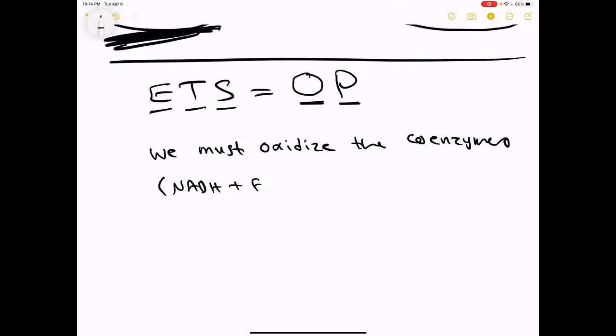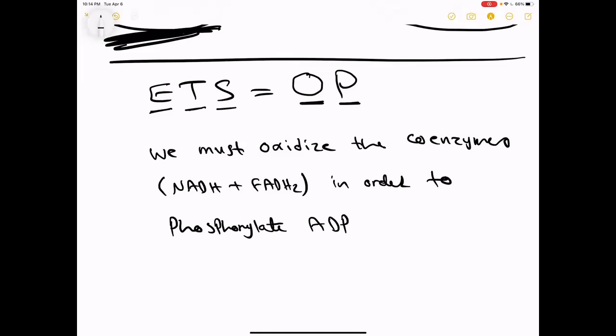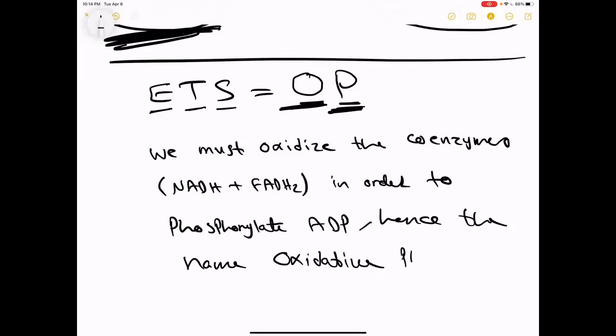NADH plus FADH2 in order to phosphorylate adenosine diphosphate. Hence the name, oxidative phosphorylation.